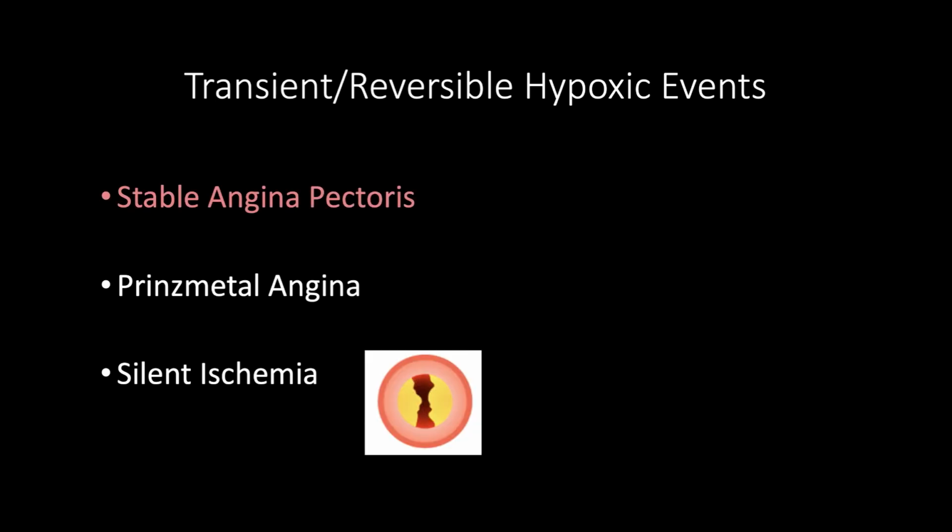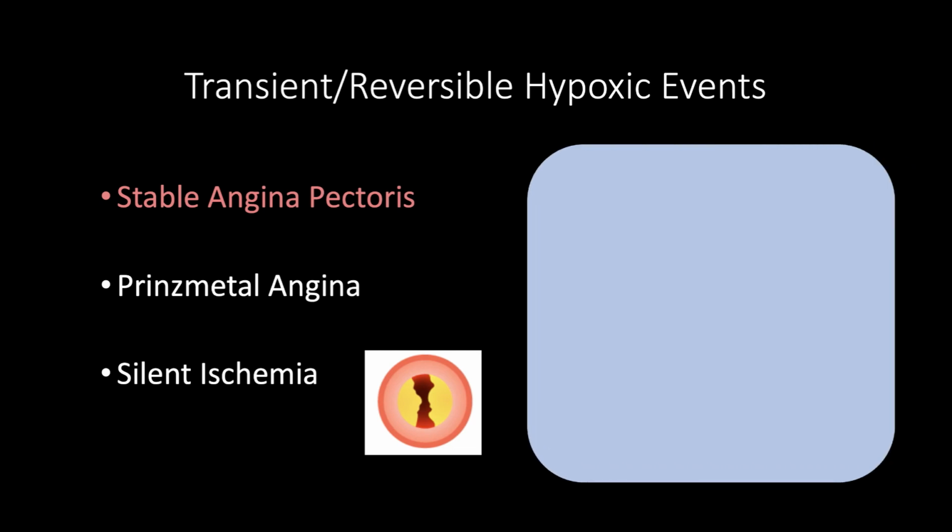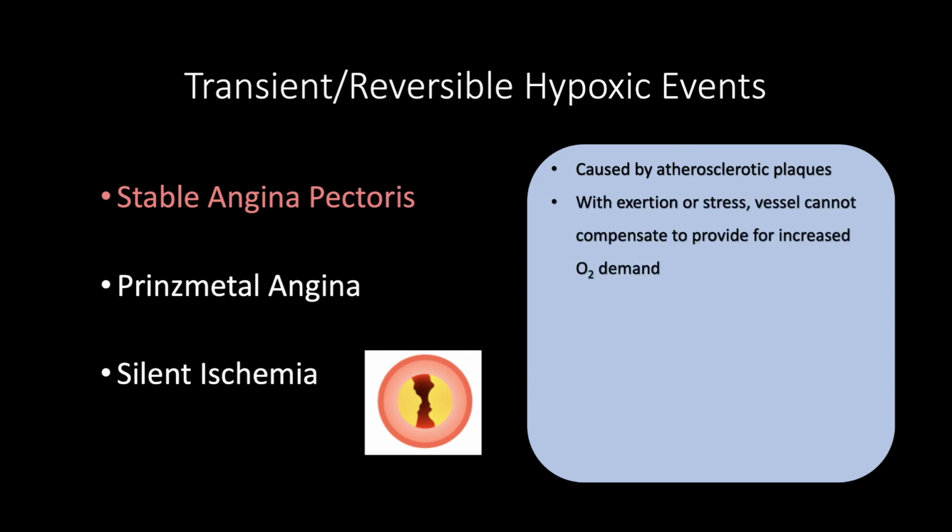So stable angina, you've got that artery there that's pretty well built up, full of fatty deposits. And what happens when you have a situation like this and you have the buildup of these plaques, the patient is going to be moving around, doing stuff, even something as simple as walking up a couple stairs.